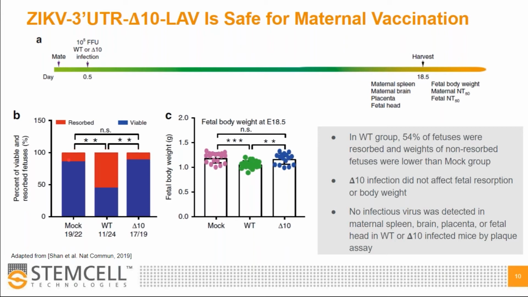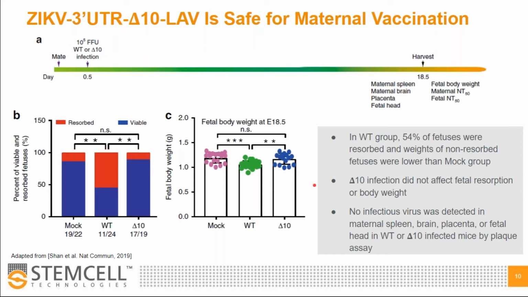When looking at fetal body weight at E18.5, they saw that in the wild-type Zika virus infected group, the fetal body weight was reduced, whereas in the delta 10 infected group, the fetal body weights were similar to the mock-treated group. So they concluded that the delta 10 infection did not affect fetal resorption or body weight.